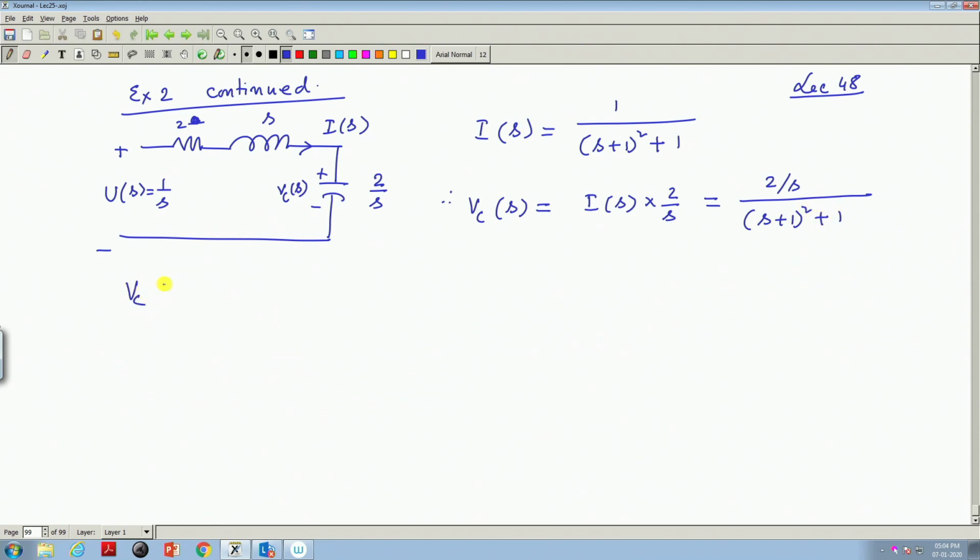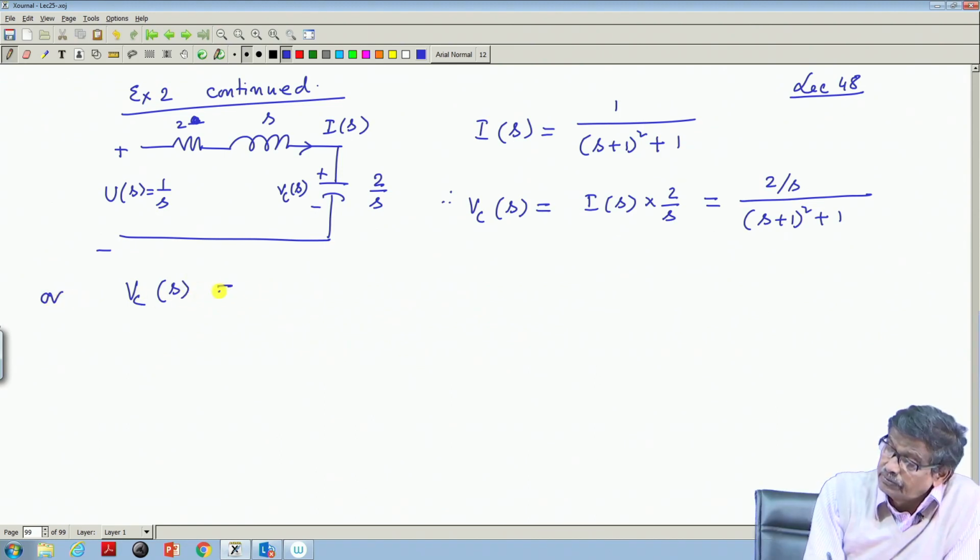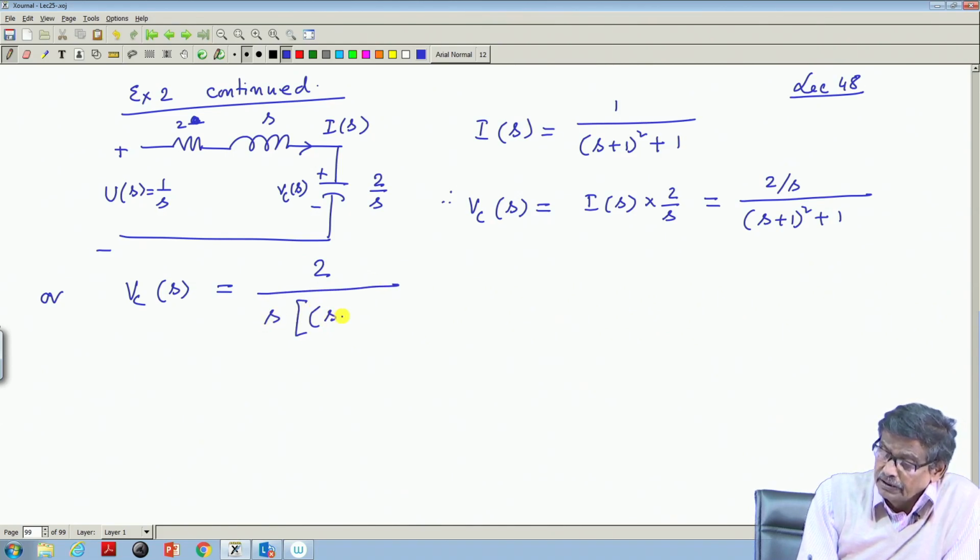So V_C(s) is equal to 2 over s into (s plus 1) whole square plus 1.